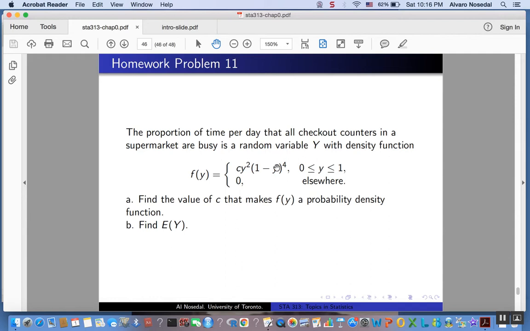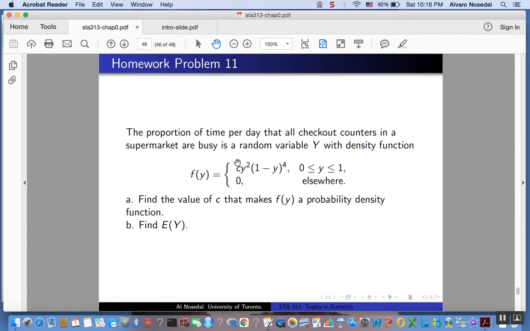In STA 313, in probability, you discussed that the other condition that a legit PDF must satisfy, if it's a continuous random variable, is that the integral from negative infinity to infinity of its PDF must be equal to 1.